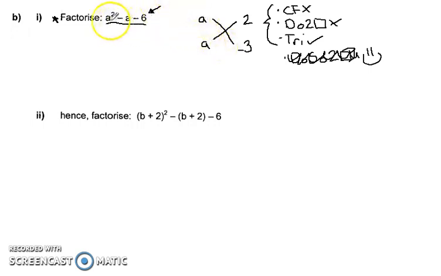And a times a gives us a squared. So a times negative 3 gives us negative 3a, and a times 2 gives us 2a. 2a plus negative 3a gives us negative a, which is what we want because that's the middle term. So that means our brackets are a plus 2.